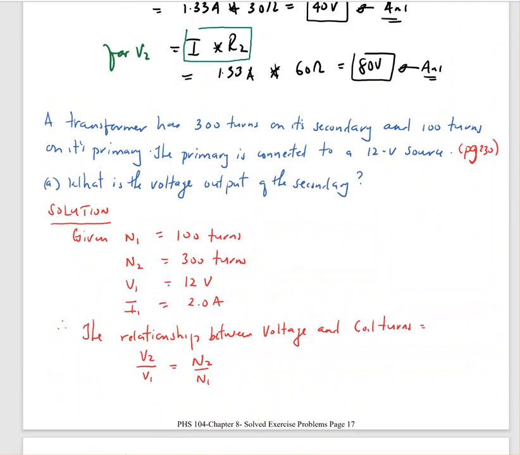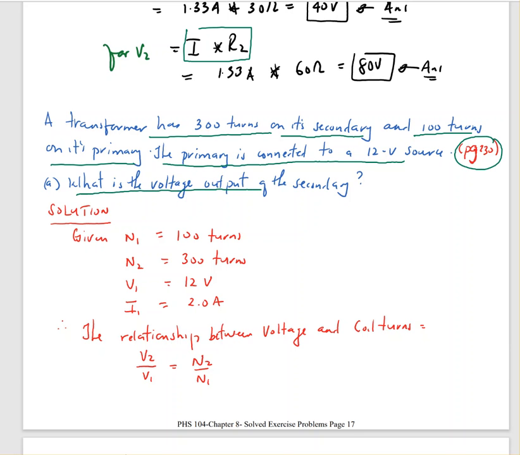Our last question is dealing with a transformer that has about 300 turns on its secondary and 100 turns on its primary. The primary is connected to a 12 volt source. You can find more information on page 230. Question A is asking us, what is the voltage output of the secondary turns?